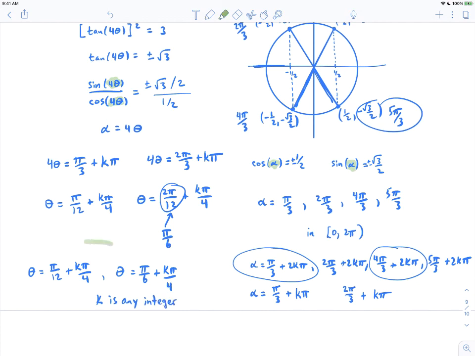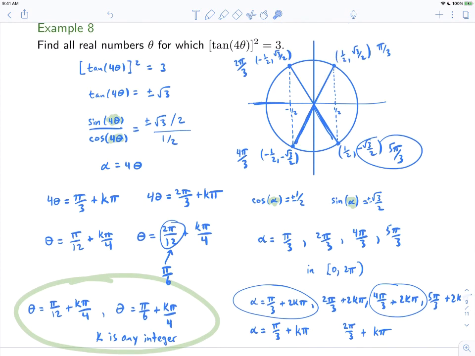And these are our solutions. In this case, we don't do 2k pi because we have angles here. It's not just the coterminal angles, but it's also the angles on the opposite side, which are just pi units away. So we can combine these two cases into one, and we can combine the other two cases into one as well.